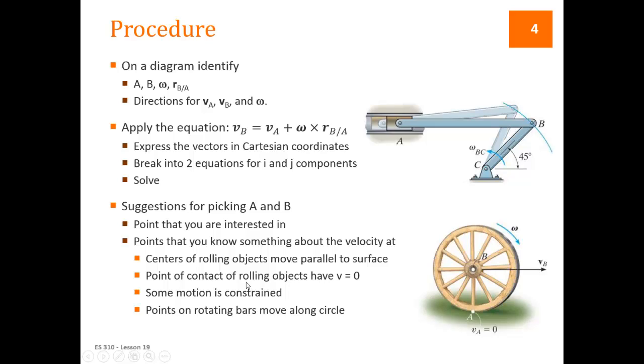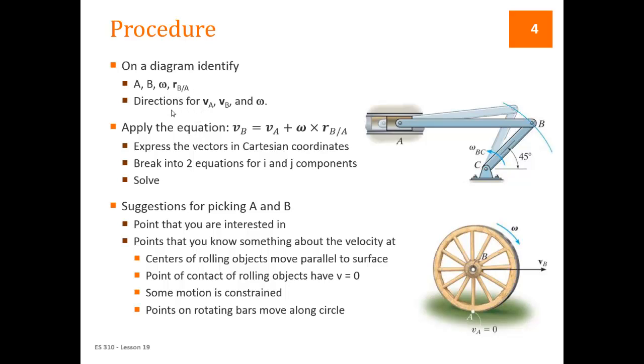The procedure in general is, on whatever diagram we're looking at, to identify point A and point B. We identify the omega if we know it, and we identify the distance r of B from A. That's our notation there.